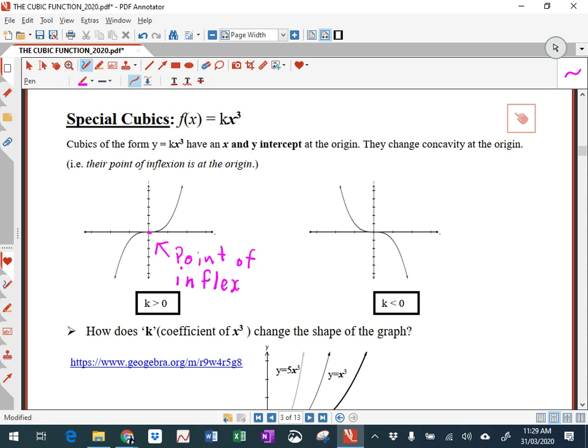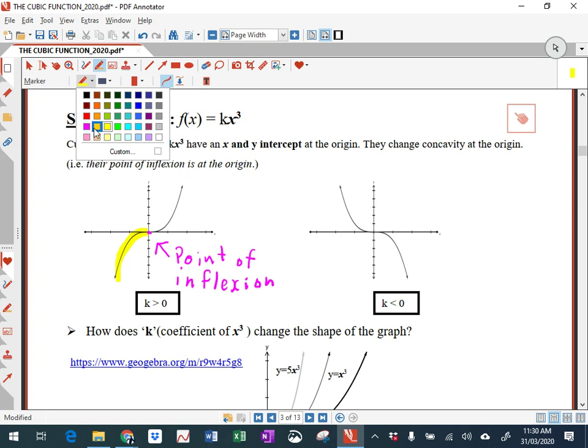Point of inflection. All right, and because I do like coloring in, I'm going to click on my marker tool. I'm going to highlight concave down, and then it's changed the color. Let's go to green. And then this is concave up, okay?